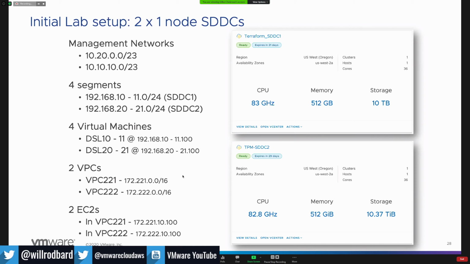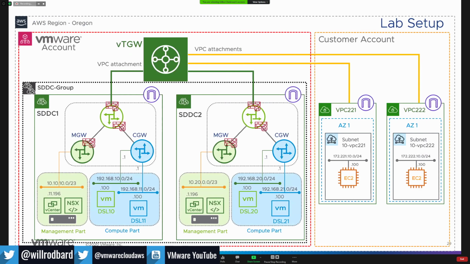I have two VPCs that I'm going to attach to them, 221 and 222, and I have an EC2 in each of them. So this is the lab setup, okay? I have here two SDDCs, two VPCs with customer account and VMware accounts. I have a virtual transit gateway that has VPC attachment to my SDDCs and VPC attachment to my VPCs as well, okay?